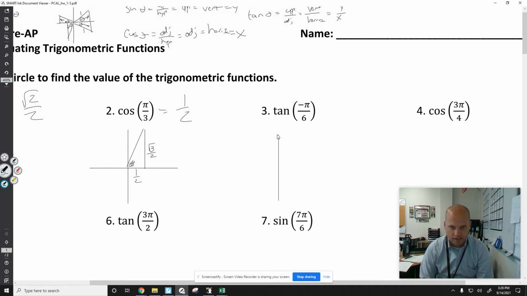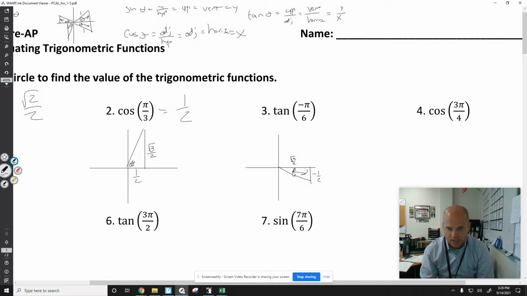Negative pi over 6, tangent. Negative pi over 6, 30 degrees. Pi divided by 6, 180 divided by 6, 30. Boom, 30 degrees, root 3 over 2, negative a half, because I'm going down.